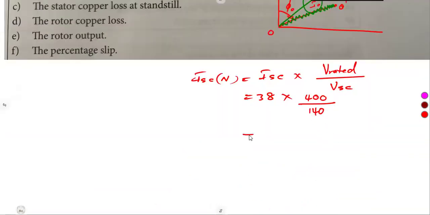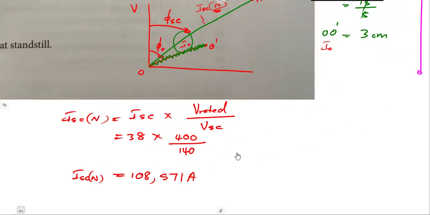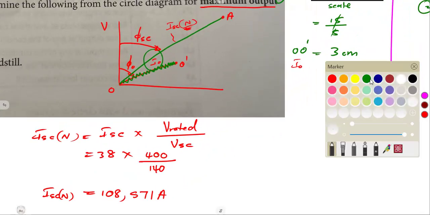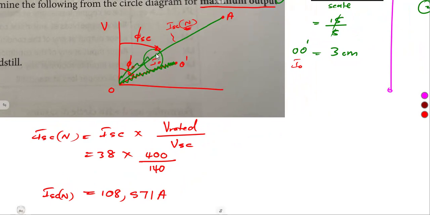So that's it, guys. Remember those steps. I talked about this before. So that was going to give us the corresponding short circuit at the normal voltage, that is 108.571 amperes, which is the one that we need to determine the corresponding vector here from O to A, where that short circuit current lies.